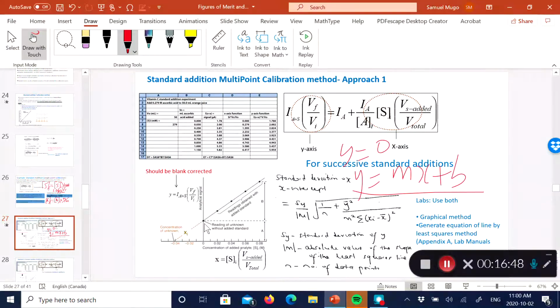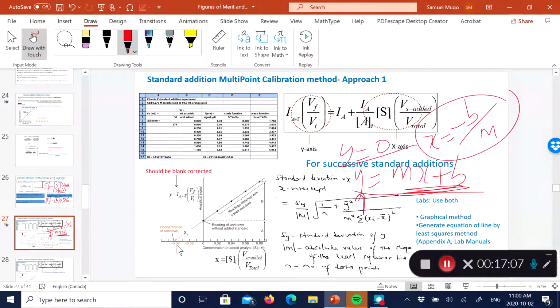All right, so you can do it graphically, but I think the easier way is just to make y equal to 0 in your equation of the line. Y equals 0, and so x is going to be equal to minus b divided by m, and so this would be the concentration of the unknown in your volumetric flask. So that's what you do for the standard addition calibration.